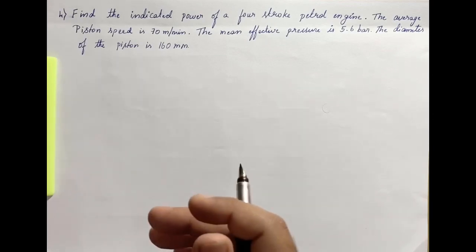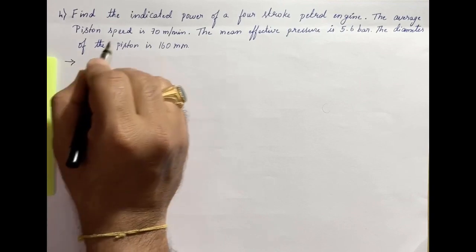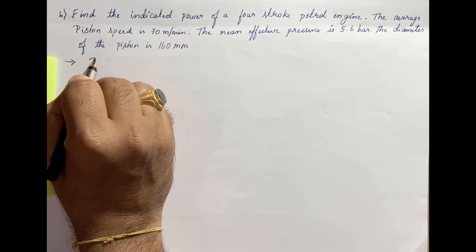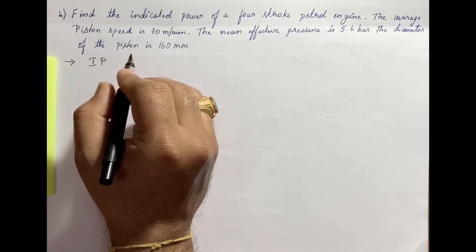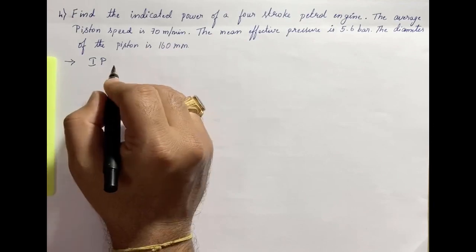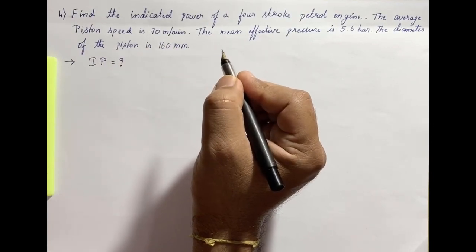Right. We shall write the given data first. What he has asked? He has asked to find the indicated power, that means IP, of a 4-stroke petrol engine. The average piston speed, what do you mean by average piston speed?